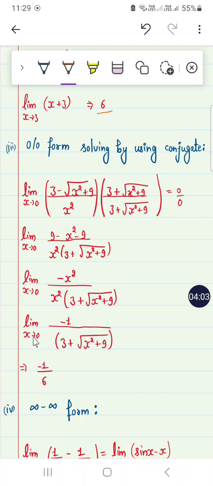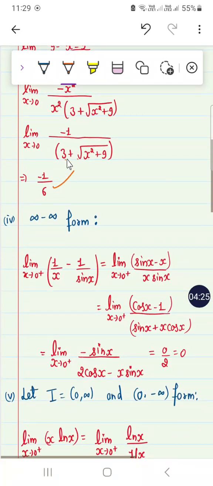So taking the limit as x extends to 0, this gives you under root 0 plus 9, this gives you 3, then 3 plus 3 is equal to 6. This gives you existence of the limit. This limit exists whereas the original function directly did not give the limit, because this forms an indeterminate form, right?